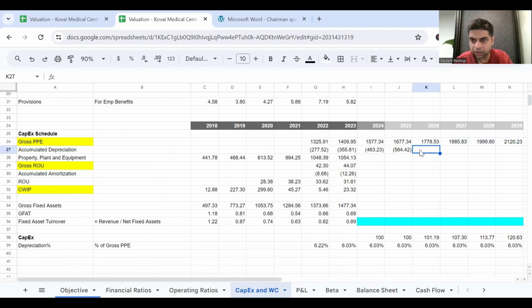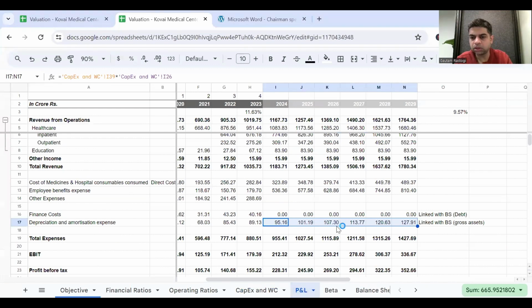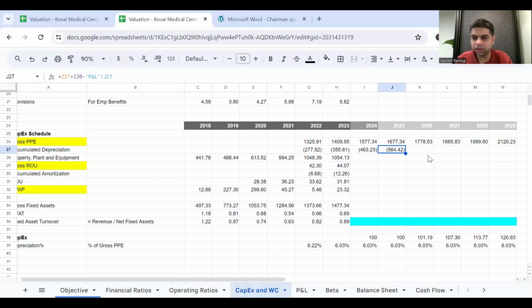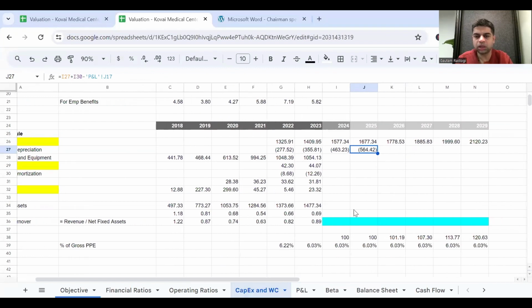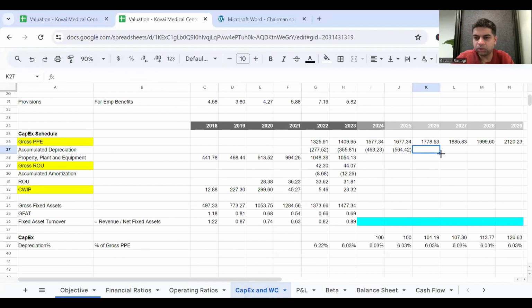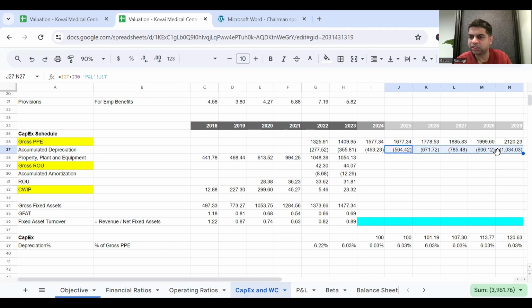Now we would see the accumulated depreciation should have auto filled, because we had already linked it with the capex schedule. Now let's drag accumulated depreciation out in the future as well. So this is done.